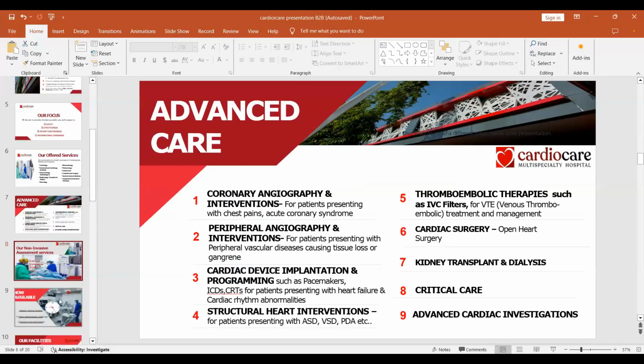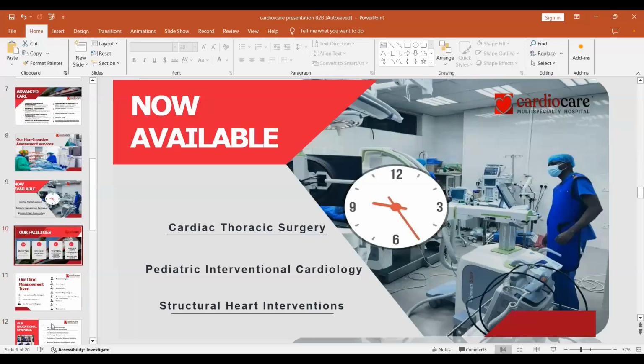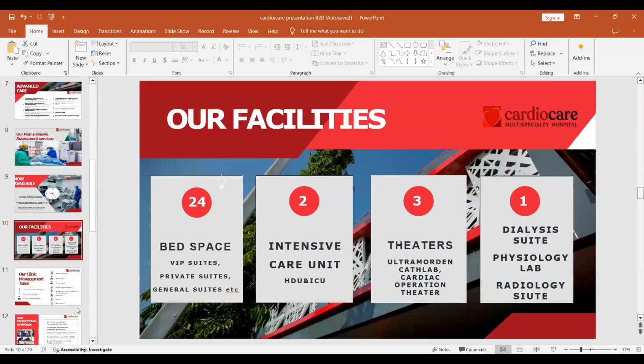And we now have some new services available. We now do open heart surgeries there. We do pediatric interventional cardiology also, and structural heart interventions. So do well to refer to us.